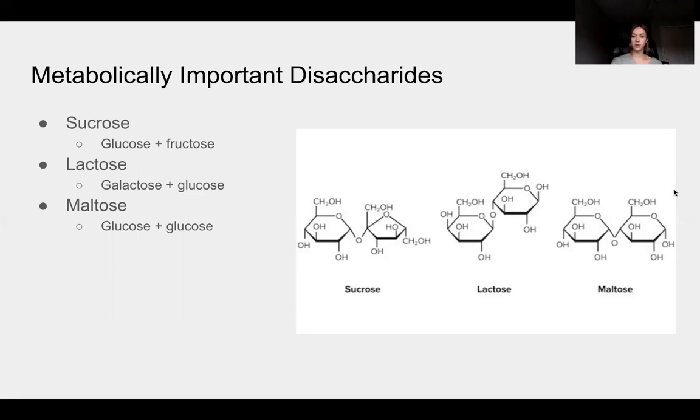These are all linked through glycosidic bonds, which we'll talk a little bit more about, how those are oriented and what that means. But at the very least, I would definitely encourage you to know which monosaccharides create these 3 disaccharides. They come up a lot in the MCAT in a lot of different ways. So you just want to be as prepared as possible to answer any possible questions.